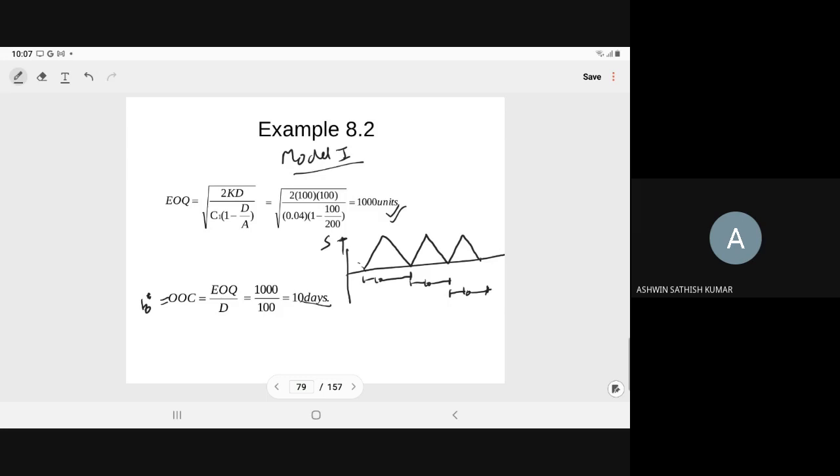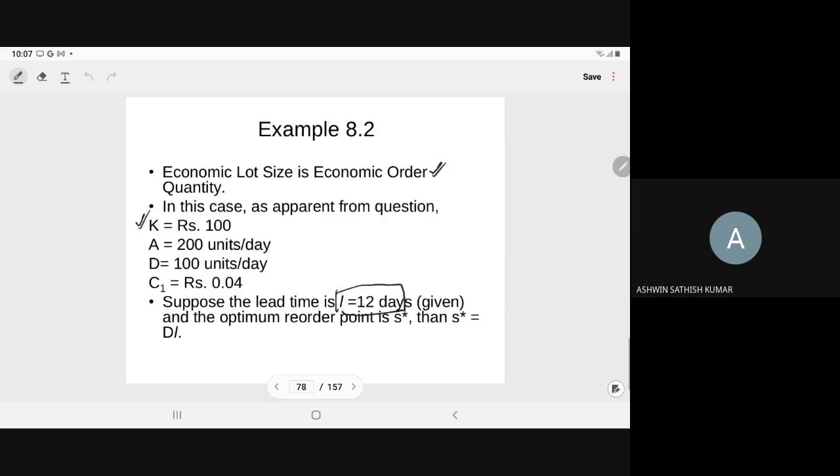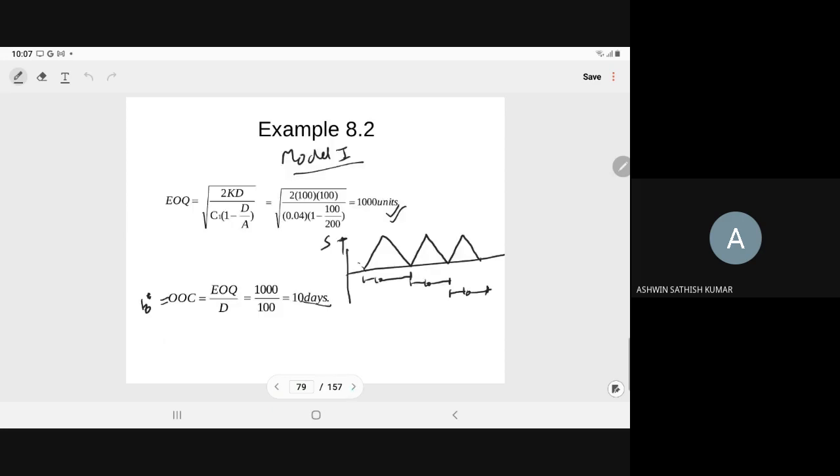Now, the question is, here the lead time is 12 days. So when the lead time is 12 days, if at this point you require the item, please listen carefully now. Very important thing is coming.